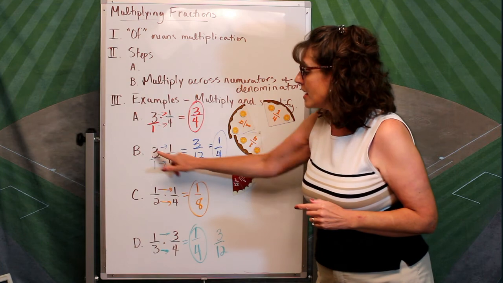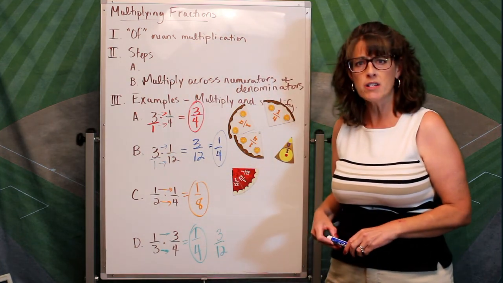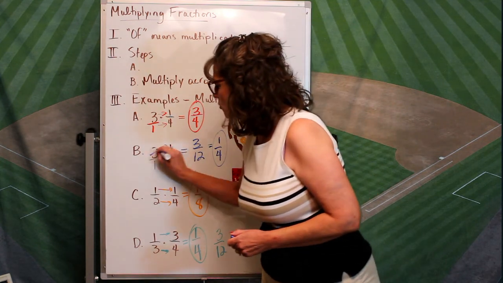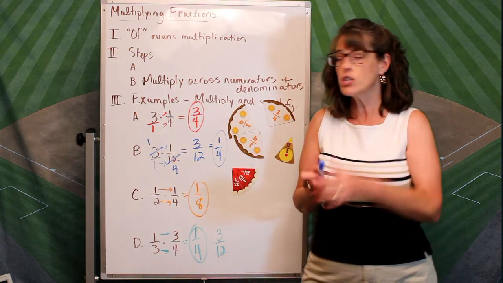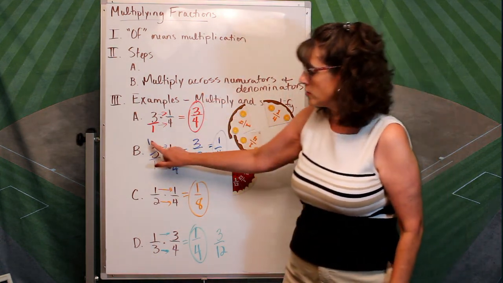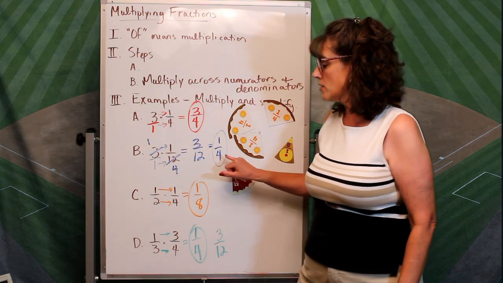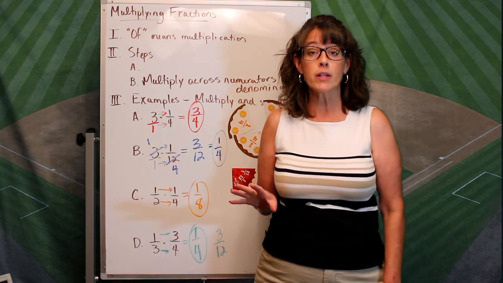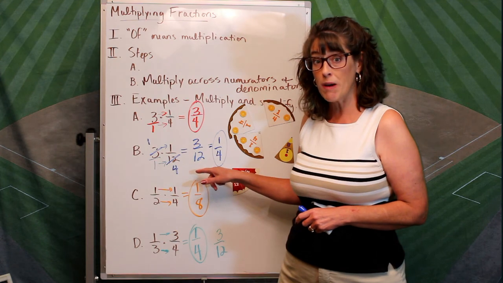When I look at these diagonals and I try to cancel on them, I can divide a 3 into both of these numbers. 3 goes into 3 one time, 3 goes into 12 4 times, and now check this out. Now if I multiply across, 1 times 1 is 1, 1 times 4 is 4. I was able to get there very quickly, more importantly, without the need to simplify or reduce my fraction.